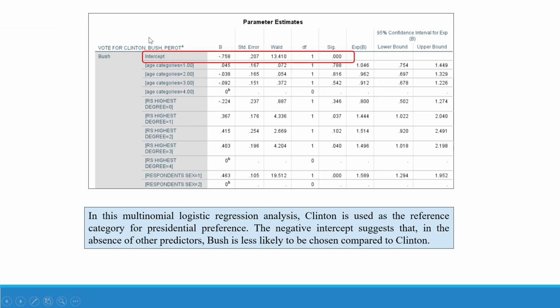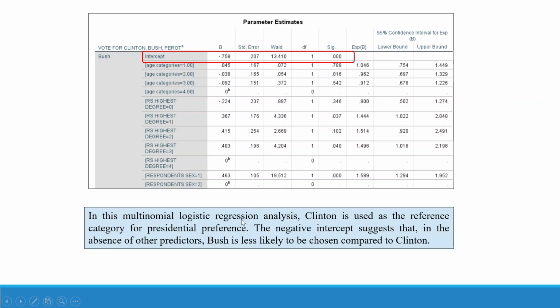We start with the first one, which is the intercept. It is negative. So anything which is negative means that its odds are negative towards Bush, or in other words, its contribution is negative towards Bush, or in other words, it is not contributing towards Bush. So let's write the interpretation.